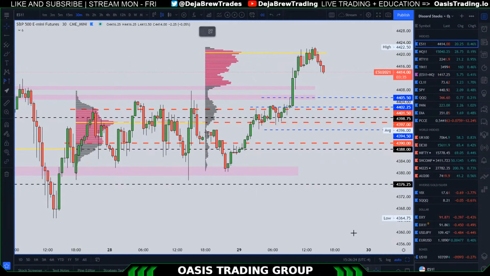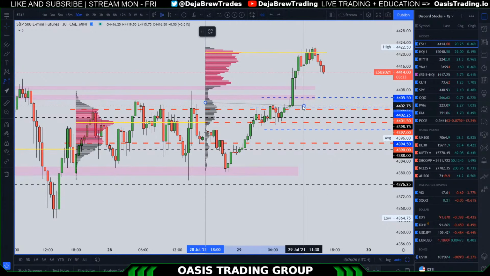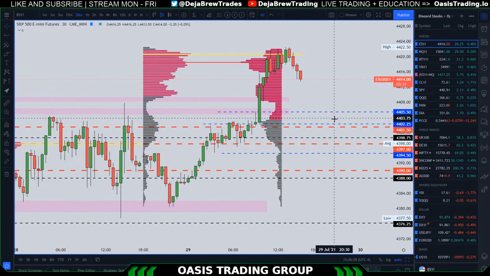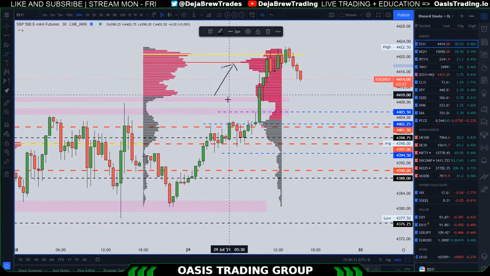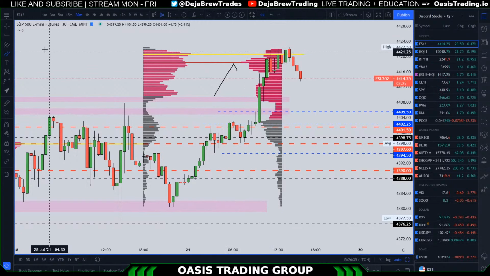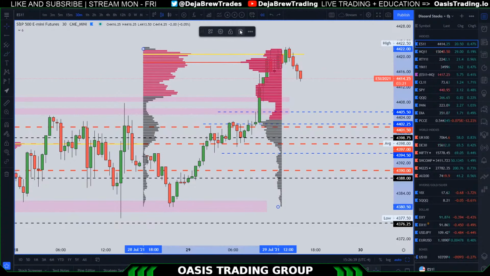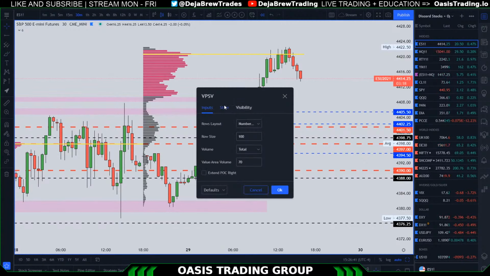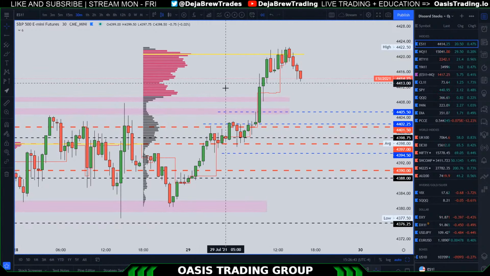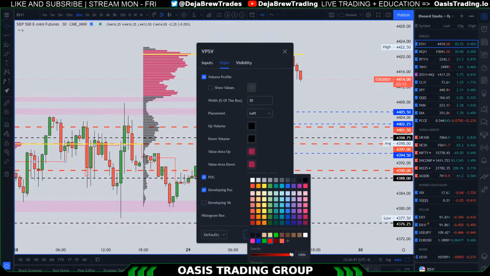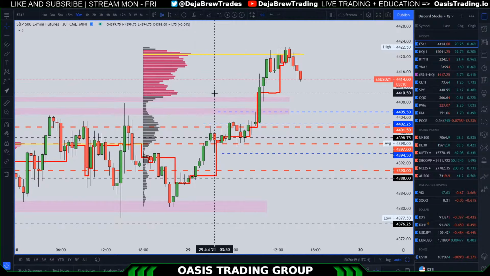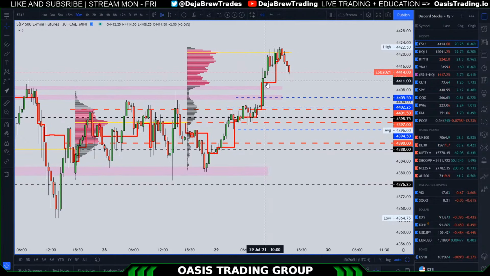Let's move forward with our live data. Okay, so now what are we seeing? Once again, we're constantly shifting the POC higher. And let me actually do it this way so I can show you how clear this is. Let's turn on the developing POC. Okay, so you see this red line here? Let me make this thicker. Do you see our developing POC?